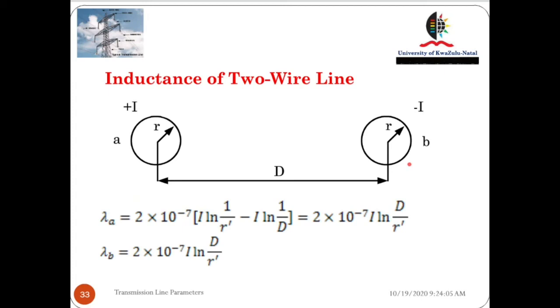And if the loop is completed, we have to consider the inductance of both conductors A and B. It will be the sum of these two inductances, meaning the inductance of conductor A, which is 2 times 10 to the power minus 7 log D by R prime, plus 2 times 10 to the power minus 7 log D by R prime. So it will be double the inductance of either conductor A or B. Is that clear?